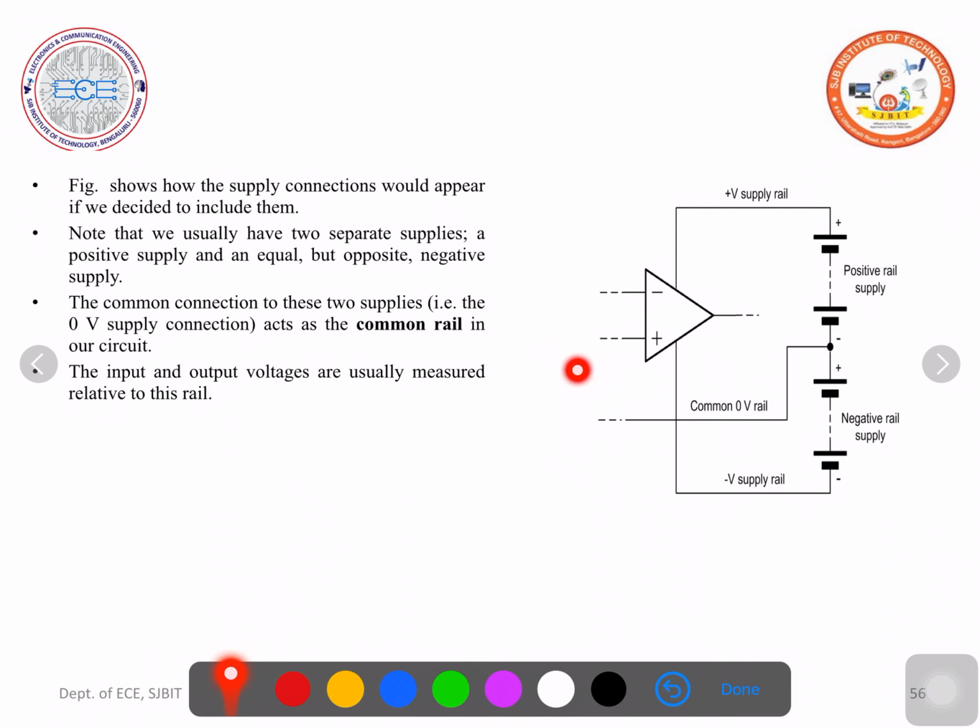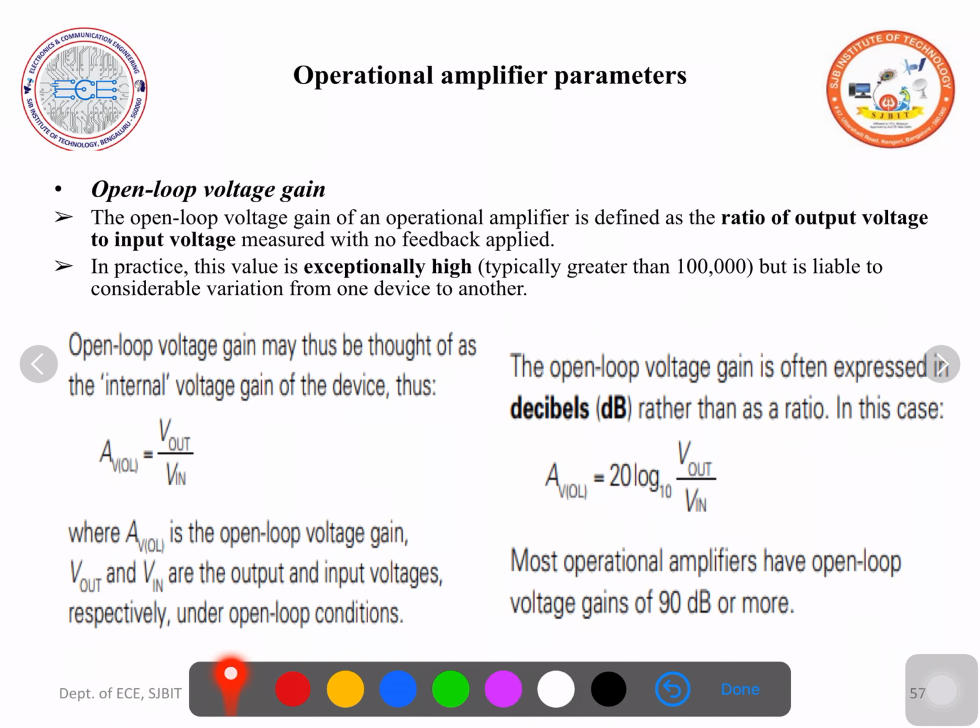Then the common terminal here is the common 0 volts rail. So whatever components you connect to the inverting and non-inverting terminals will have a common terminal to connect to this one. So always with respect to the common terminal, we apply the voltages to the inverting and the non-inverting terminals.